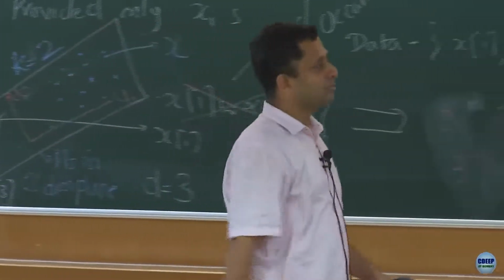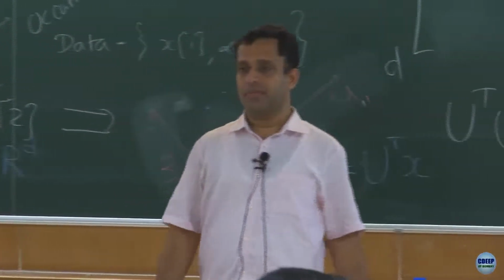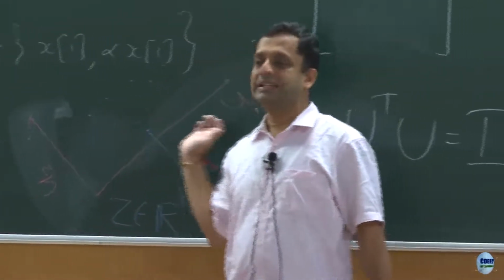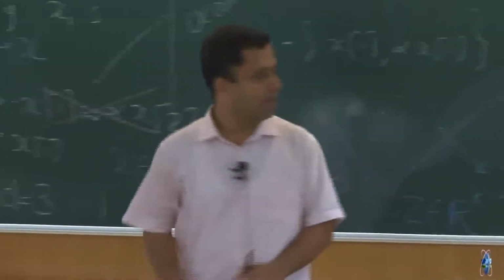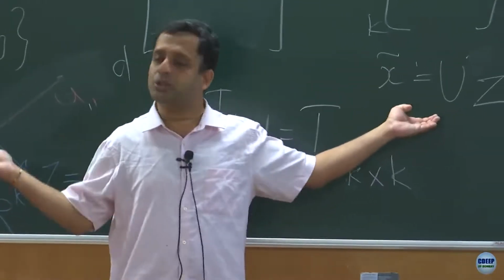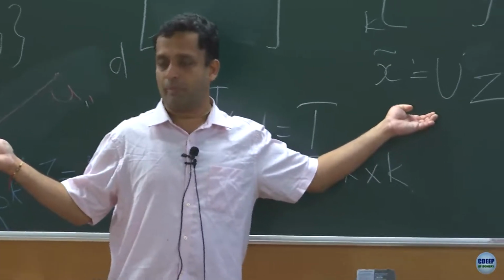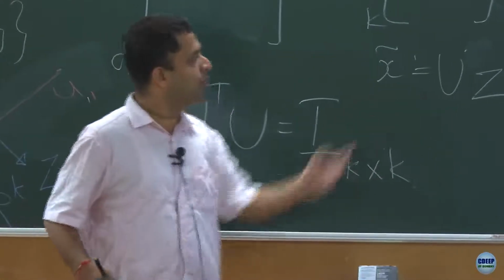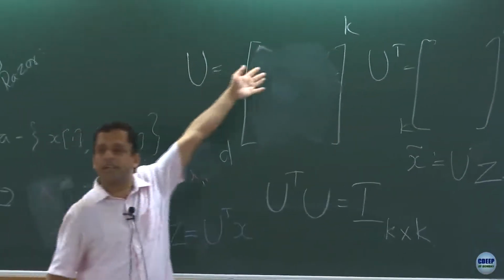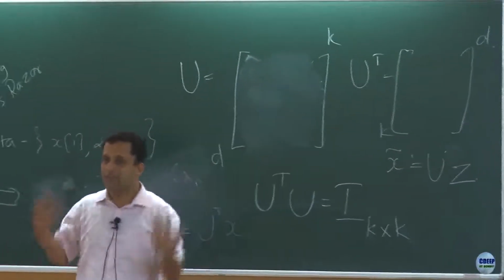Otherwise it's an approximation, because u is giving you a way of going back, projecting back to the original space. What is the dimension of u? D cross K. Just by its dimension, it's a way of projecting back.